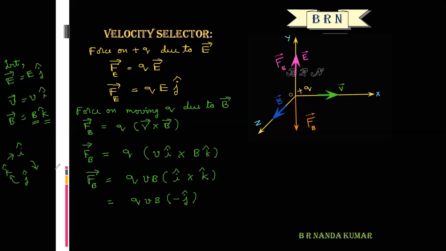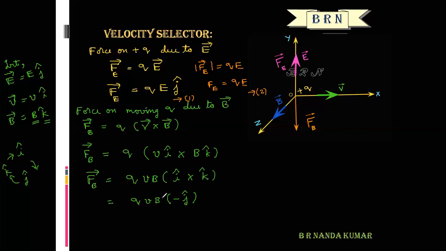So the magnitude of FE vector is QE. Call this equation number 1 and this equation number 2.